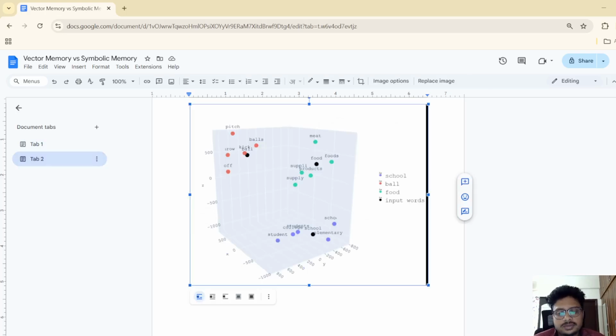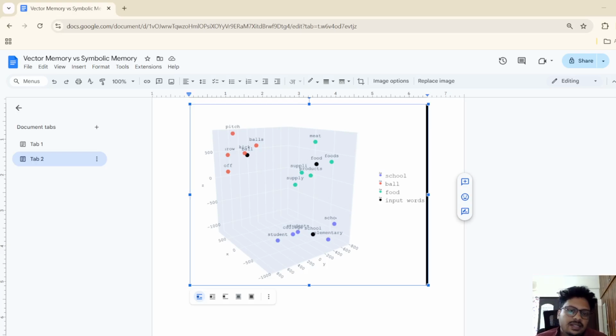So how will vector memory work? Now let's talk about vector memory, which is basically used in modern AI. Vector memory stores information as numbers in a multi-dimensional space.